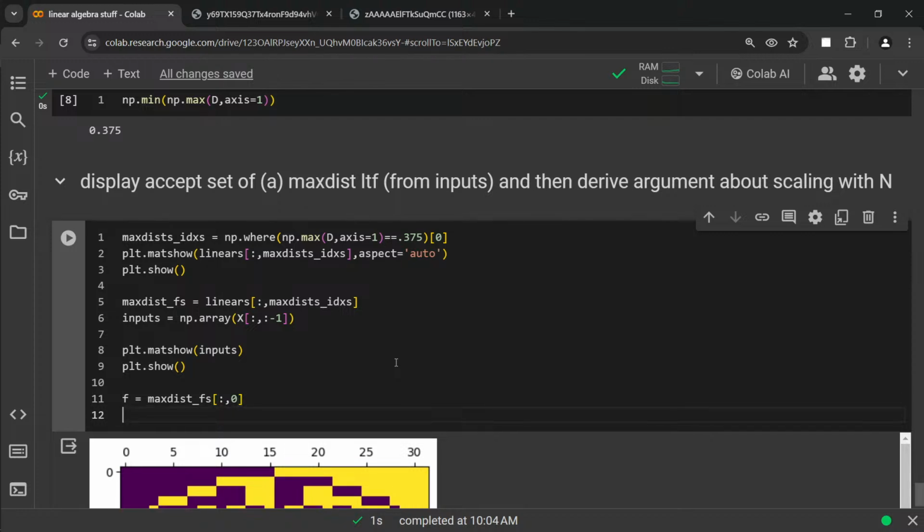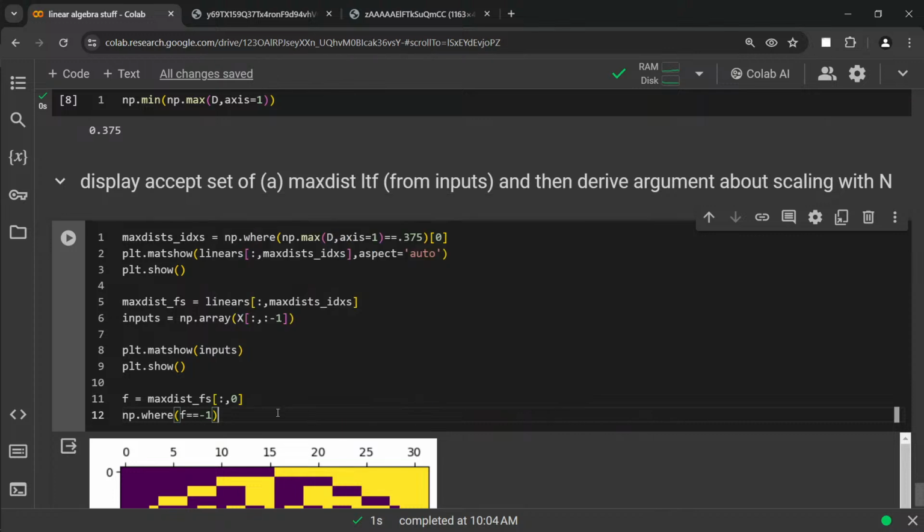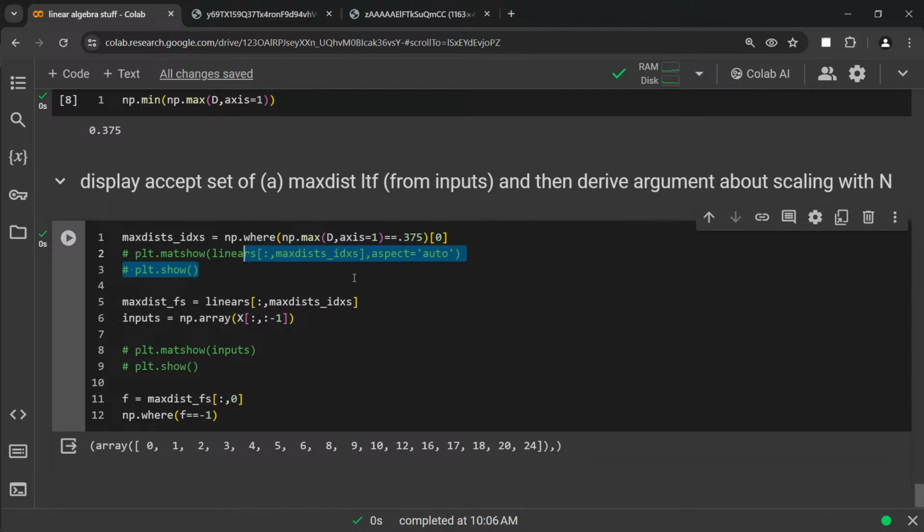And then we're just gonna do np where F equals -1, right? And let's print that. 0, 1, 2, 3, 4, 5, 6, 8, 9, 10.